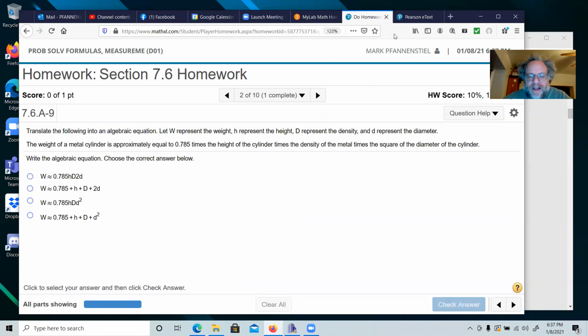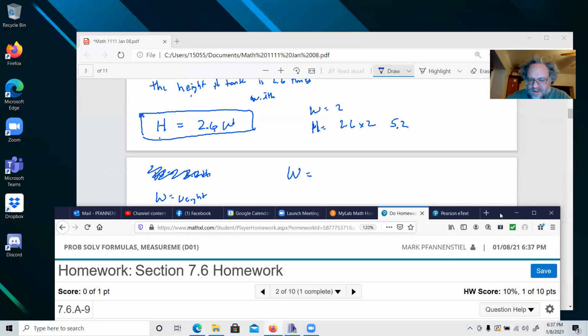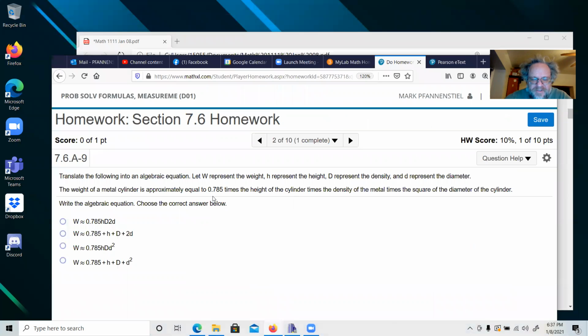So we're saying the weight is equal to 0.785 times, and it looks like all of this is times. Times the density times the diameter. Everything is times in here. Nobody's saying plus or increased or decreased by. It's just all times. So 0.785 times the height of the cylinder.